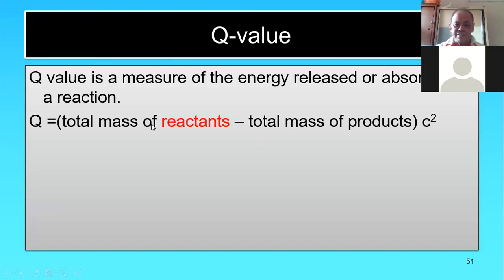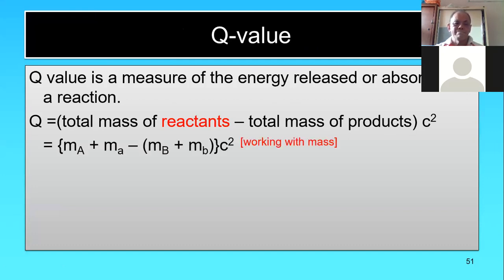This is a difference in mass. The total mass of reactants minus the total mass of products is the difference in mass, times c squared. We convert the difference in mass to energy. In terms of mathematical symbols, that's how we write it out. If we work with mass, we take the total mass of reactants minus the total mass of products.